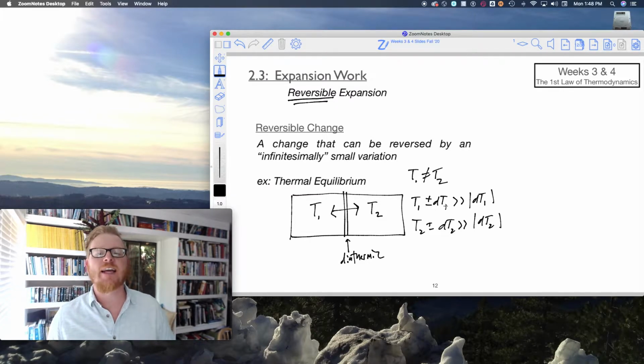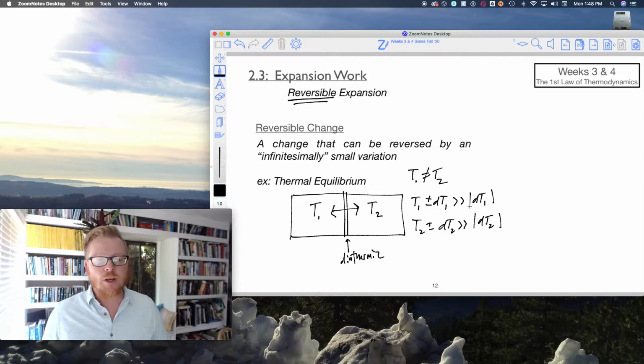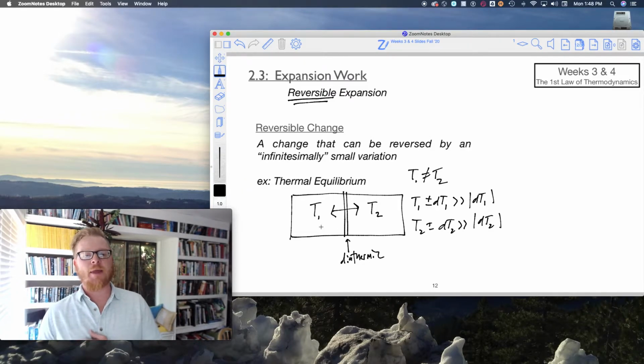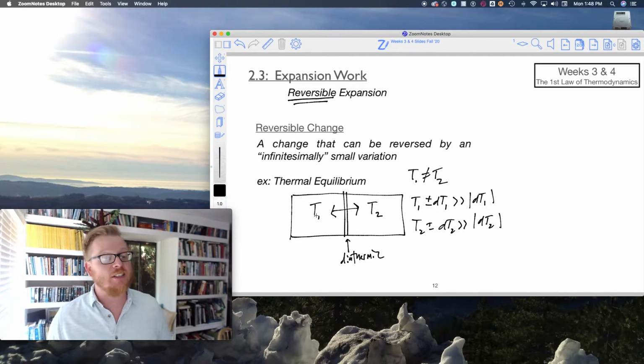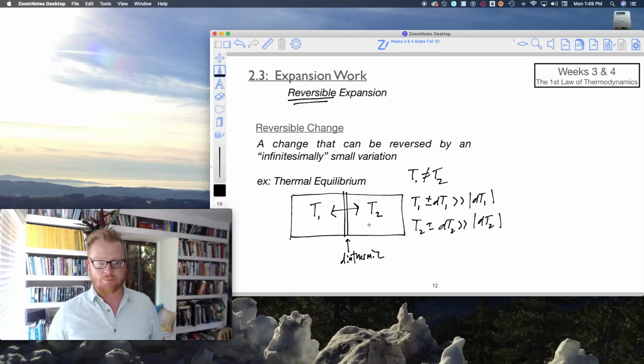Because it's infinitesimally small, this quantity is much greater than the change. So reversibility means if T1 becomes slightly warmer than T2, heat will flow until both are at the same temperature. The opposite is true for T2.